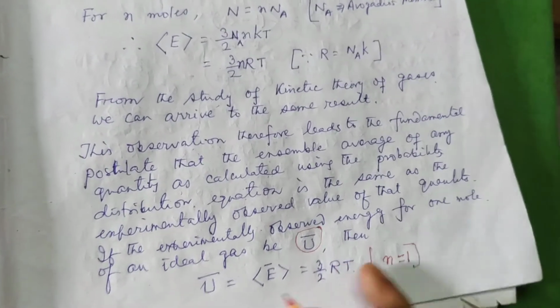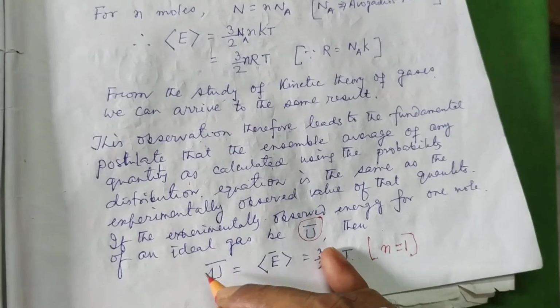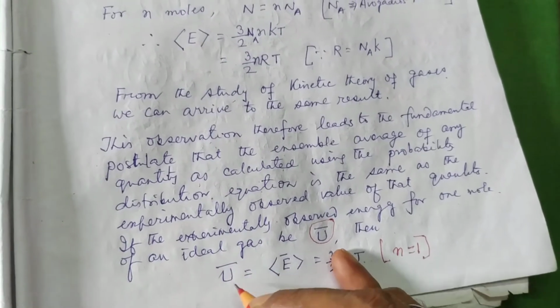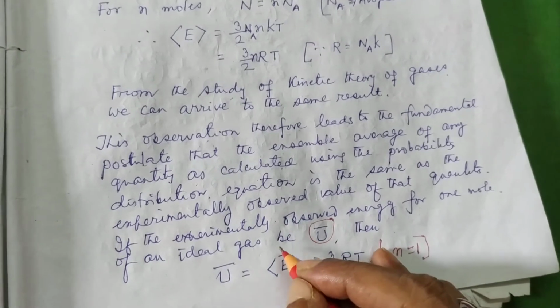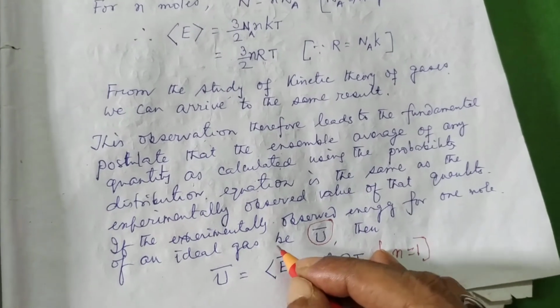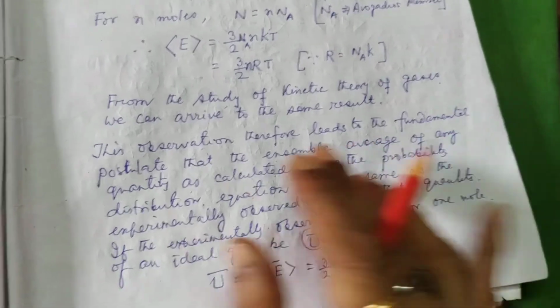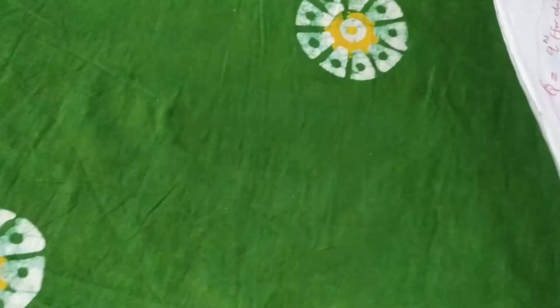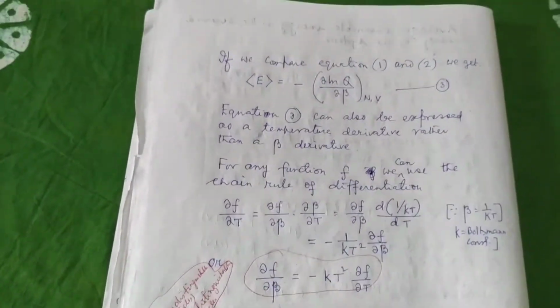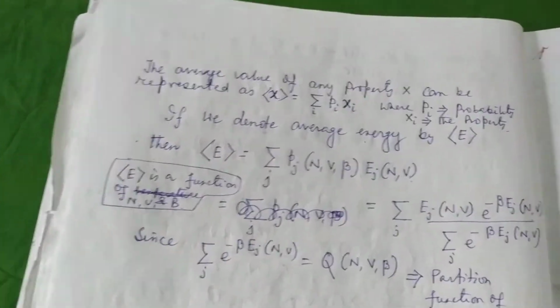So the experimentally observed average energy per mole equals the ensemble average energy per mole. So this was the ensemble average, and we proved that the ensemble average is the observed energy of the system.